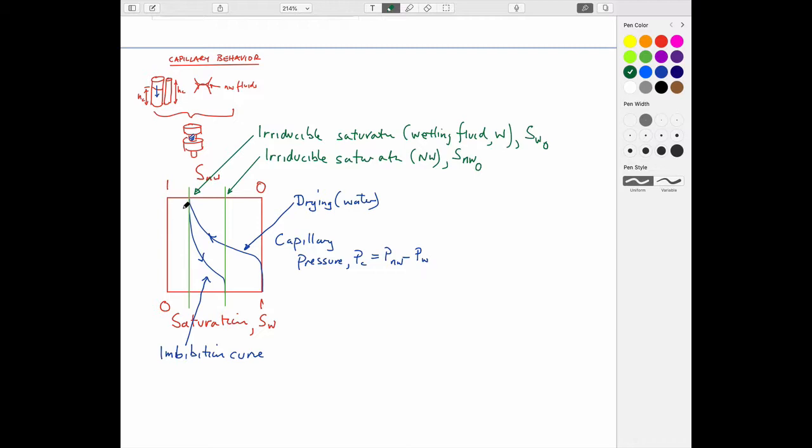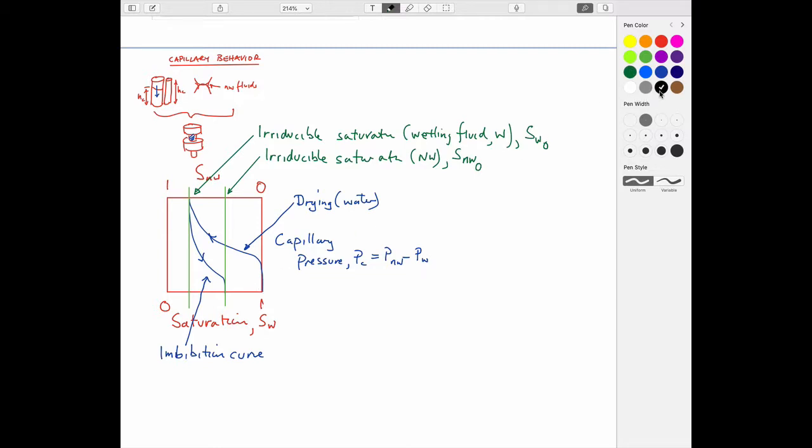It's stuck to the grain-on-grain contacts as this pendular saturation and as a monolayer covering of the grains, and this is the minimum amount of water saturation we get. If we then allow the pressure to drop, we'll come down this curve. It will freely give up the oil if there's water around it, and it will suck the water in, but only up to this amount, because the rest is left as this amount of oil that's left in the system.